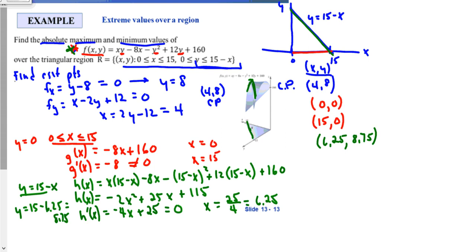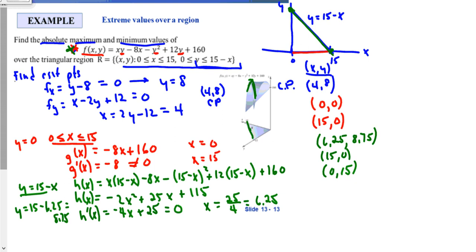We're looking at this segment here, and we know that in between on that line segment this is a critical point, 6.25, 8.75, but let's look at the points on the ends also. That would be 15, 0, which of course we already have from one of the others, and then 0, let's see, if x is 0, y is 15, so that would be 0, 15. So that's using this point up here.